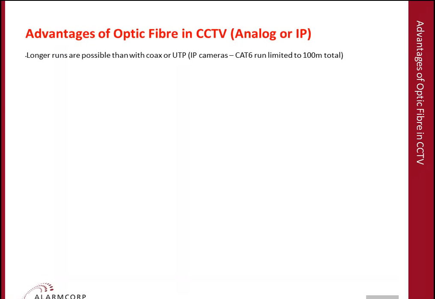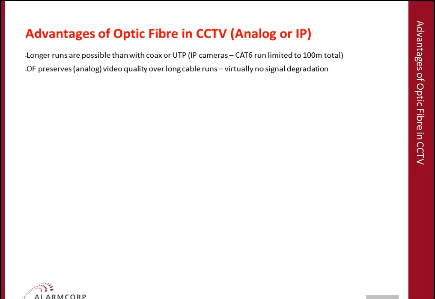Whereas with IP cameras, we are limited to 100 meters in total. Now, we can run analog video for longer distances over Cat5 if we use passive balance. However, even with active UTP, we still cannot go as far as we can with optic fiber. So if we need to go longer than 2,000 meters or so, optic fiber is pretty much the only choice.